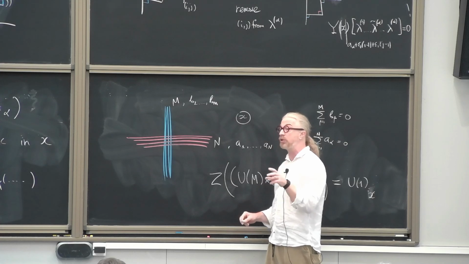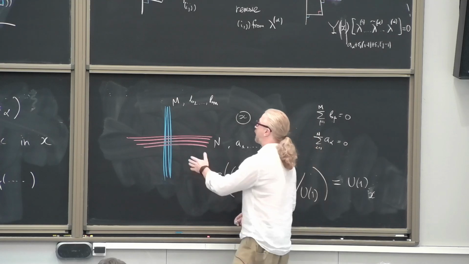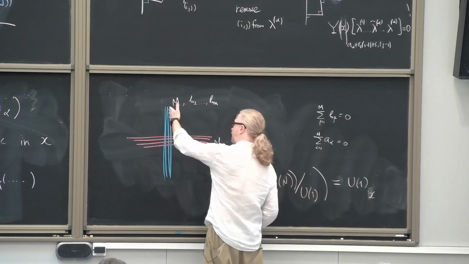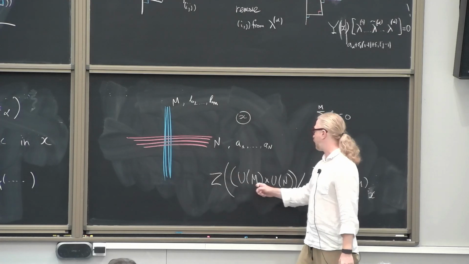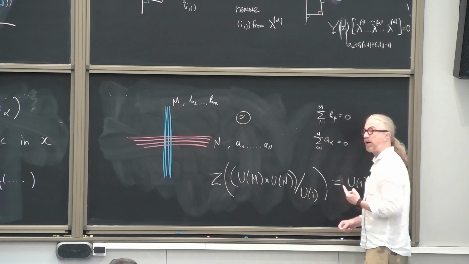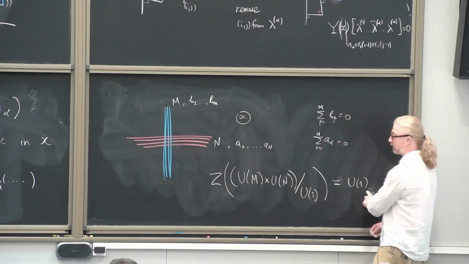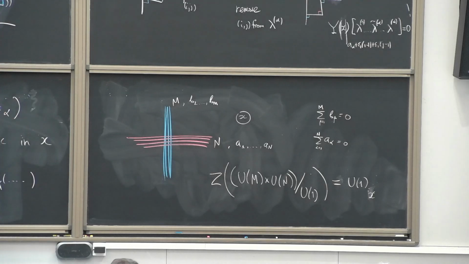The framing group is PGL(N), which is GL(N) modulo the center. Now, if I do two stacks, the framing group will be GL(M) cross GL(N) modulo C star. And now one C star appears. And that's how x comes alive.